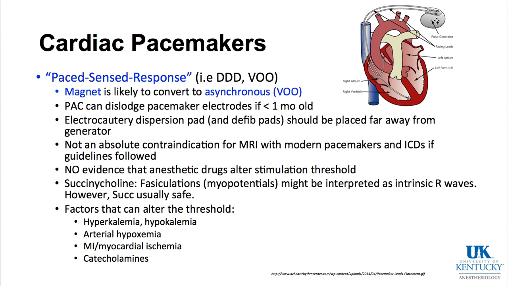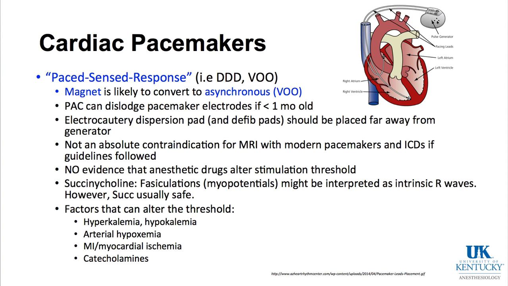And so you can see that if that magnet was placed on the generator and it continued to fire at an asynchronous rate, let's say at 70, the patient could have an R on T and get dysrhythmias. So this is kind of a bailout. If things are going badly and someone has a cardiac pacemaker, a magnet can be put on it, and it will usually convert it to a VOO, especially say, for example, they're having interference from electrocautery.